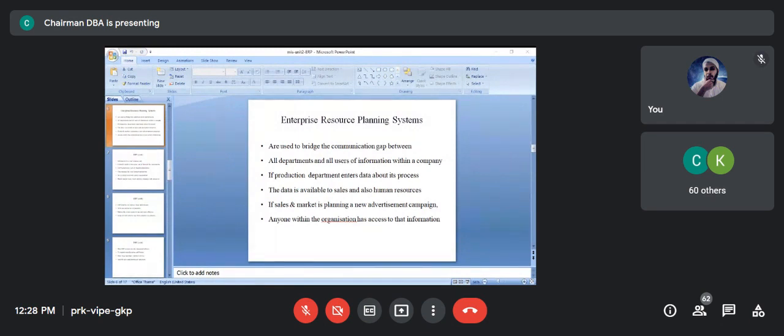We need to rework the business process. So every process, whether it's inventory management, purchase order, or loan sanctioning, how are you sanctioning a loan, on what basis? All these processes need to be reviewed, and many a time they need to be changed.